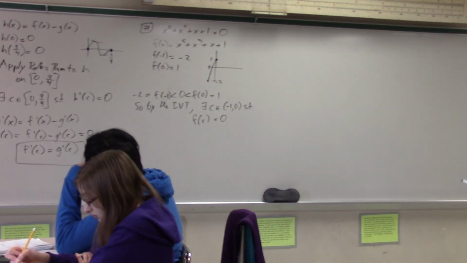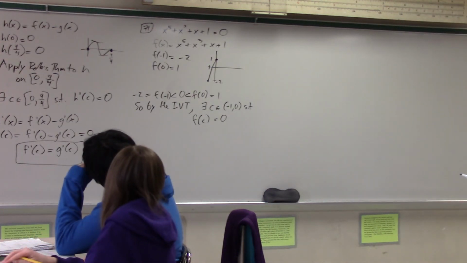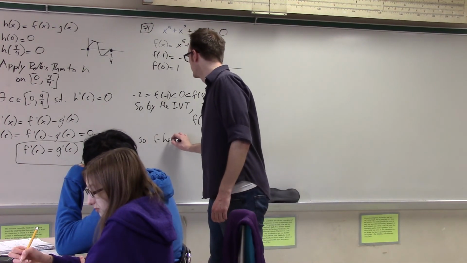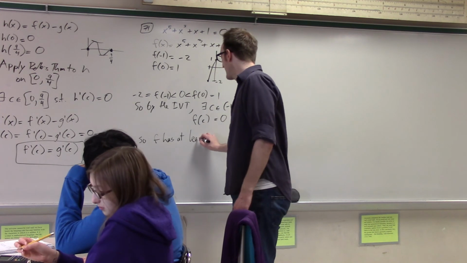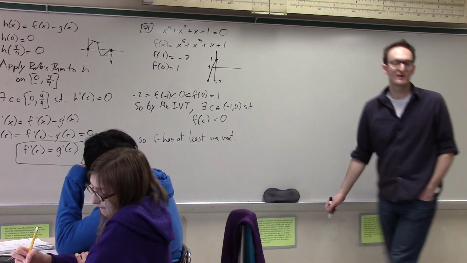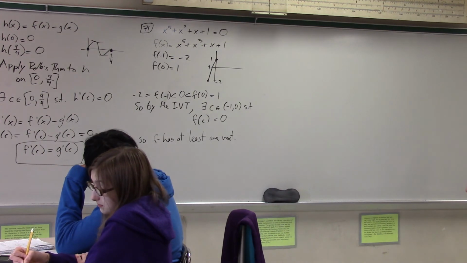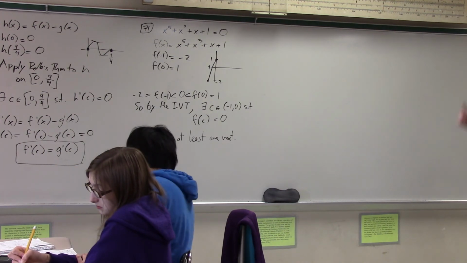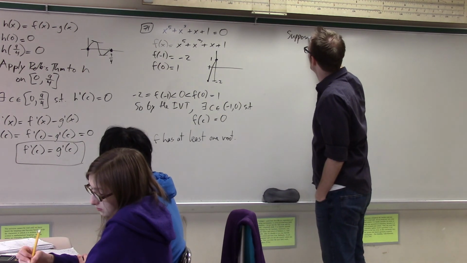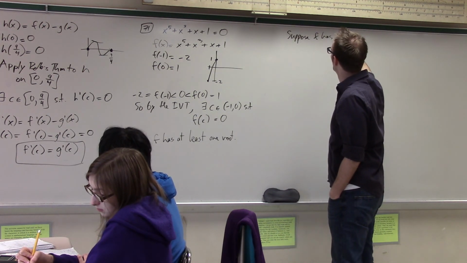All right, that tells me that f has at least one root. And now I have to show that it has exactly one root, so I have to show that it can't have two. So suppose it has two, suppose f has two roots.